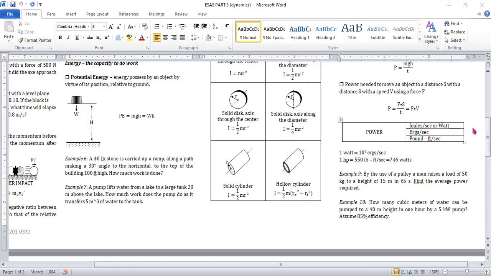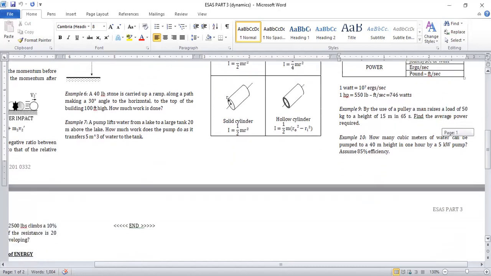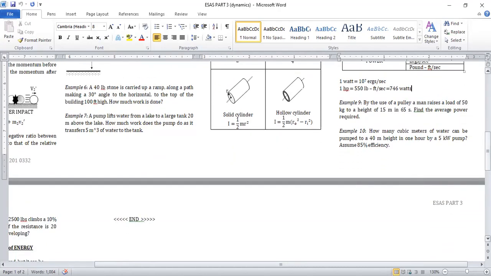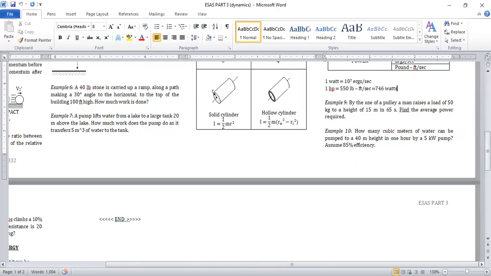So we'll try to go over with problems number 9 and 10. Okay. So for item number 9, so we have here, okay. So by the use of a pulley, so a man raises a load of 50 kilograms to a height of 15 meters in 65 seconds.